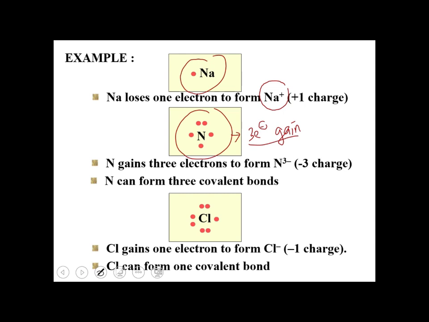So how many electrons does it get? 3, meaning that the charge would be 3 minus, according to the number of electrons it gains. So same thing with Cl. Cl, you have 7 electrons, so it will need 1 more electron. So when 1 more electron is added, it will become a -1 charge, so Cl1 minus.